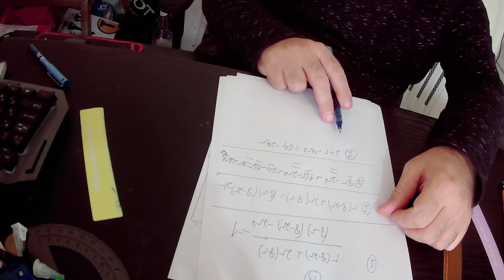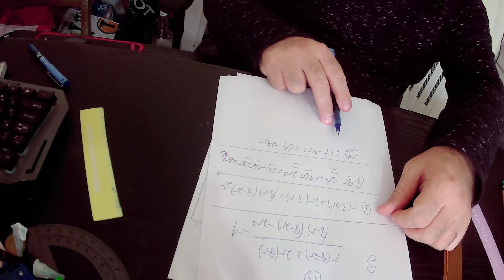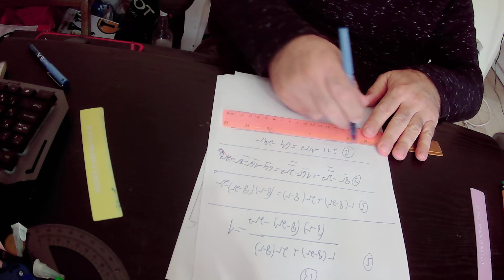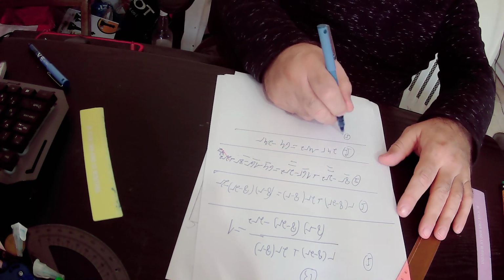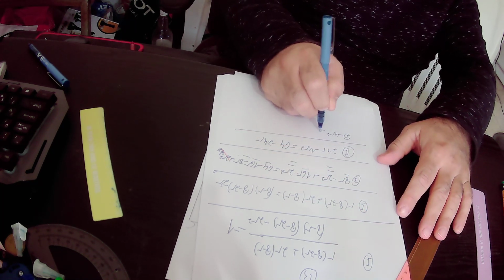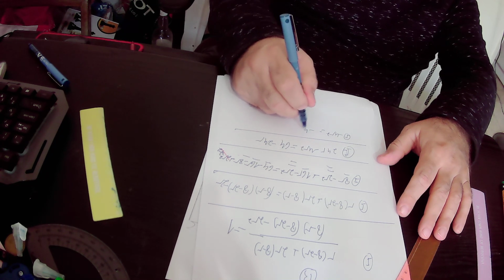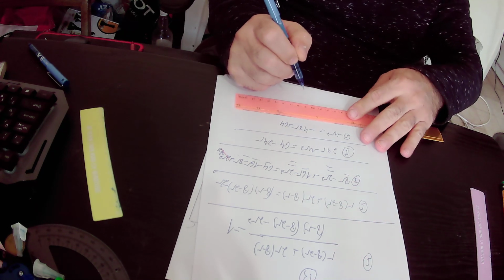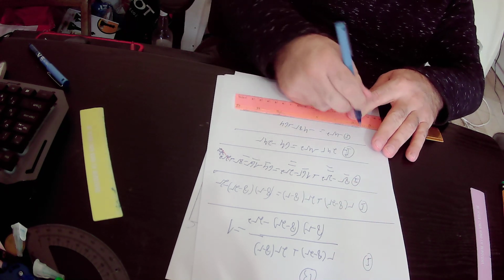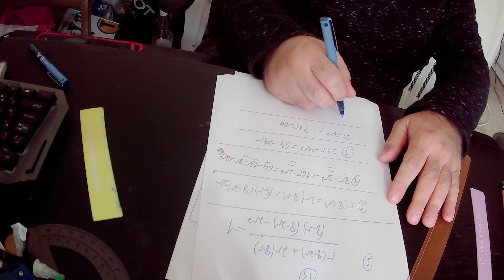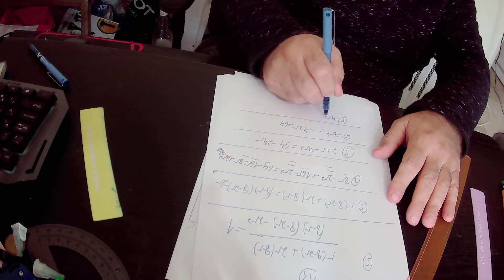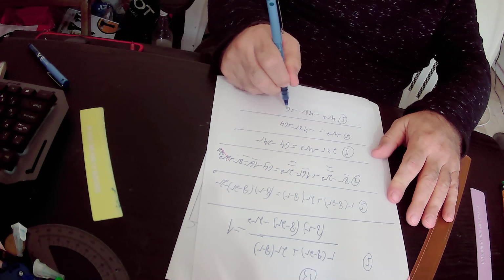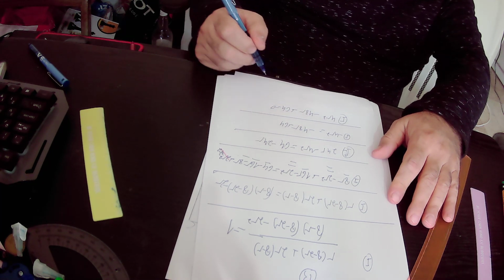Here we will subtract 24r from this equality, and we will get that minus 4r squared equals minus 48r plus 64. We will add 4r squared to this equation, and we will get that 4r squared minus 48r plus 64 equals 0, so we got a quadratic equation.